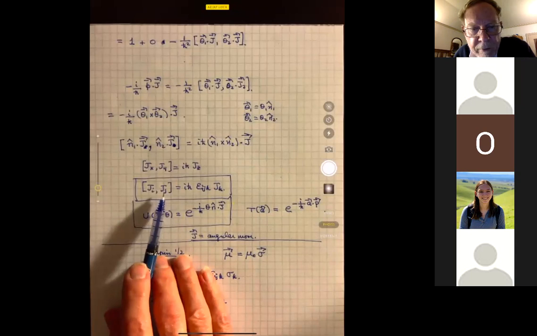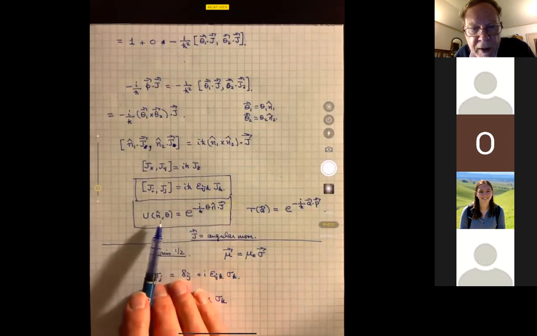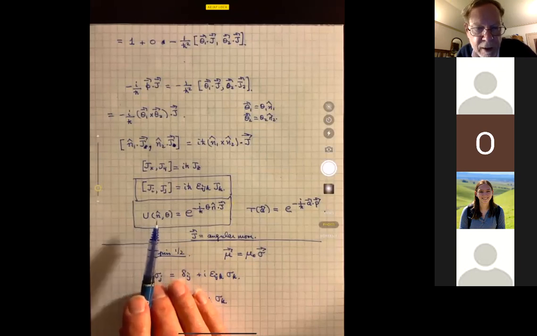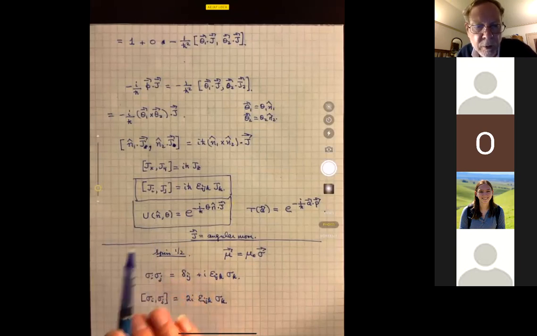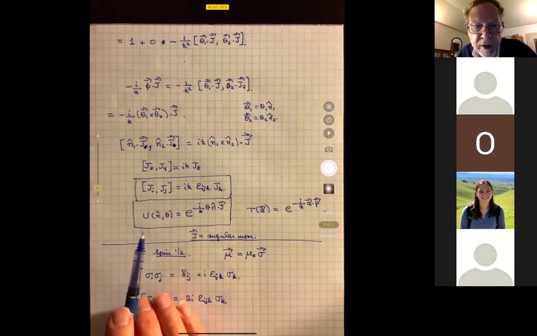And if we find them, then we're going to exponentiate them, with linear combinations with thetas and n-hats like this, to obtain unitary operators, which will be candidates for rotations. Now, the reason I only call them candidates and not real rotations is because before you're done with this, you really need to check to make sure that the operators so defined satisfy the properties that you expect of rotations. It's not enough just to do the math, it has to make sense physically. So we'll do all of that. Maybe not all tonight, but that's where we're going next.